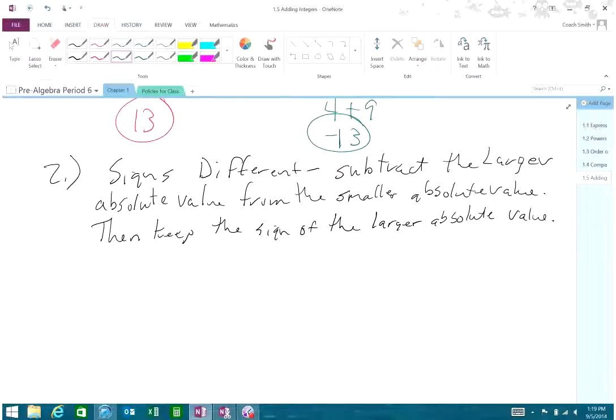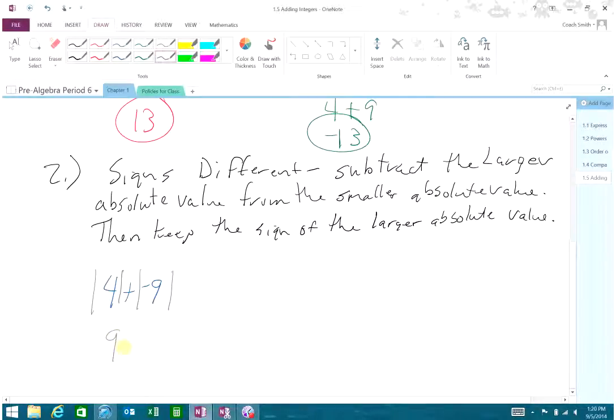So for example, if we had the same numbers, 4 plus negative 9, I take the absolute value of 4, which is 4, and the absolute value of negative 9, which is 9.